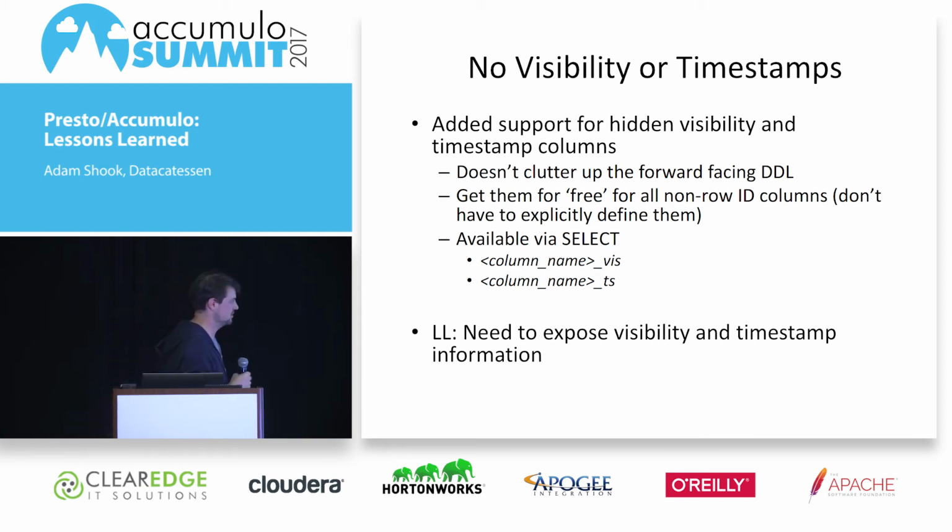So it makes it difficult to insert data through SQL if you actually need visibility and timestamp information, which, in Accumulo, you generally need visibility information for most use cases. I don't really know if we're going to get around that. We'll just use the Java APIs to ingest data.